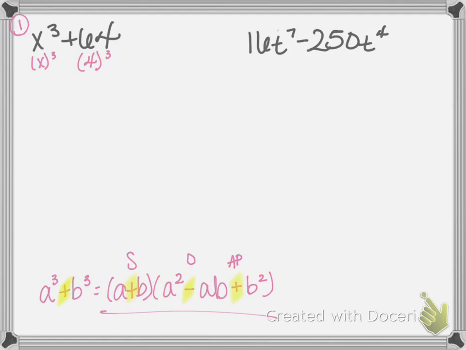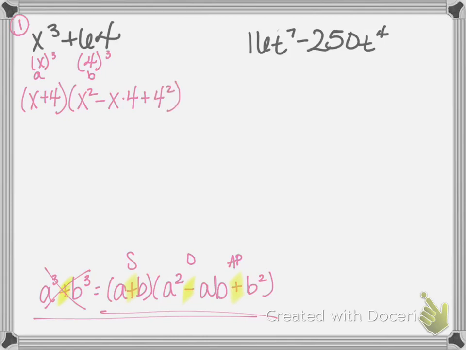And so now that we know what our A value is, and we know what our B value is, we can plug it into our formula down here. I'm going to ignore the first part, and I'm just going to use the second part. That's going to be x plus 4. Then we go to the next parenthetical statement, which is x squared minus x times 4 plus 4 squared.